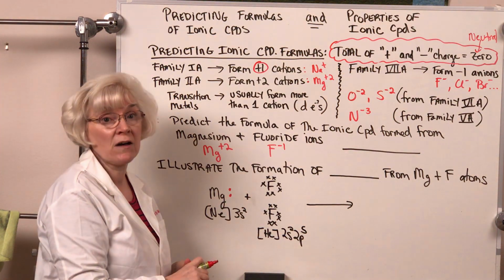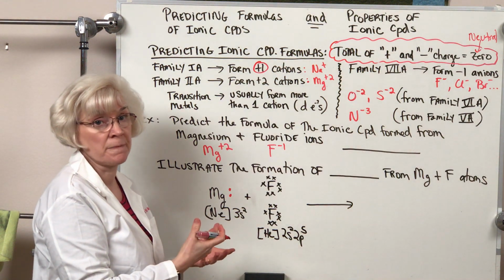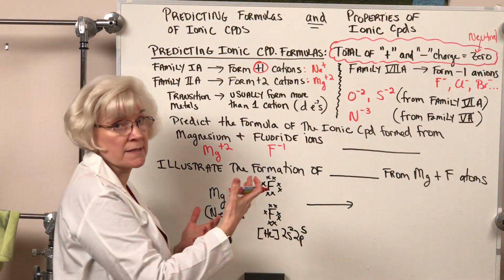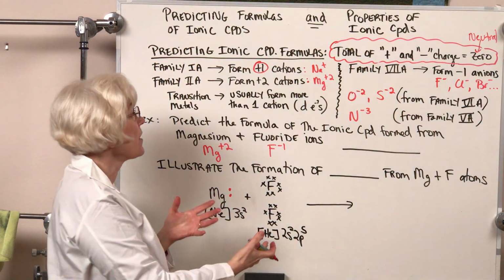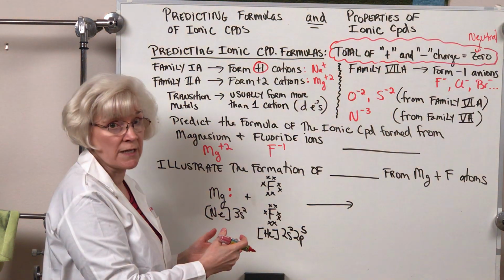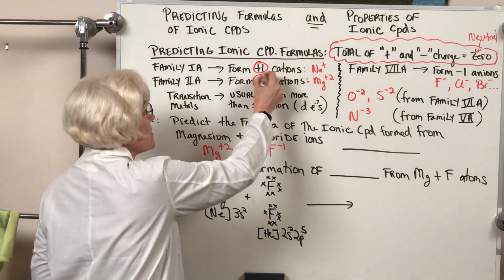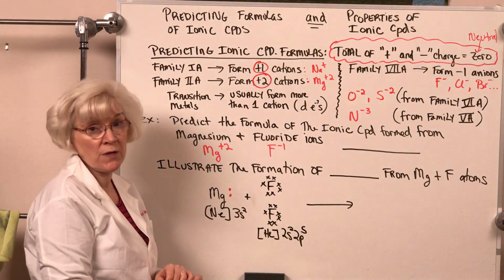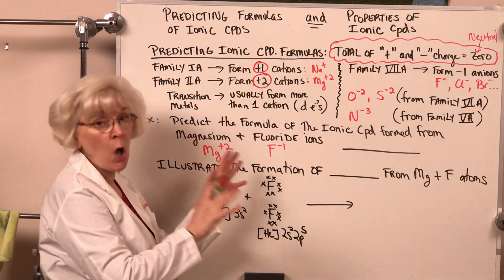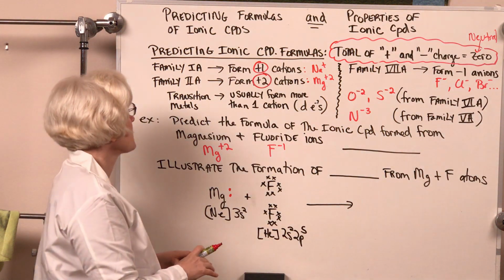Family 2A, the alkaline earth metals, have two valence electrons. In order to achieve that octet in their energy level directly below, they're going to lose those two electrons to have an octet directly underneath. And so we see the alkaline earth metals forming +2 cations. This is always the case when we find them in ionic compounds.